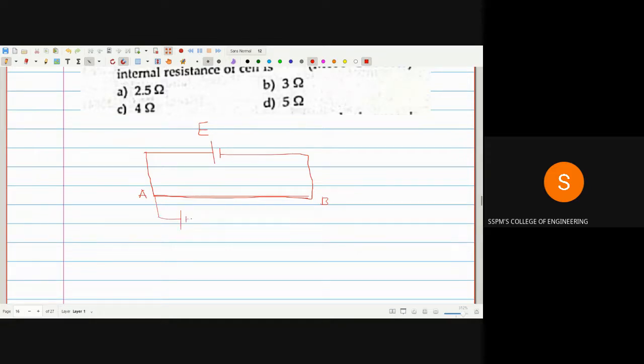लेट कन्सिडर E1 सेल, आणि त्याचा इंटरनल रेजिस्टन्स तुम्हाला फाइंड आउट करायचा आहे, आर.